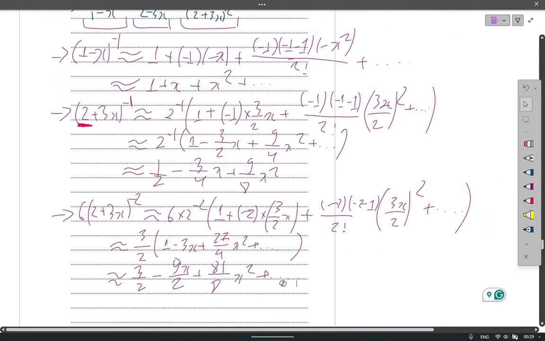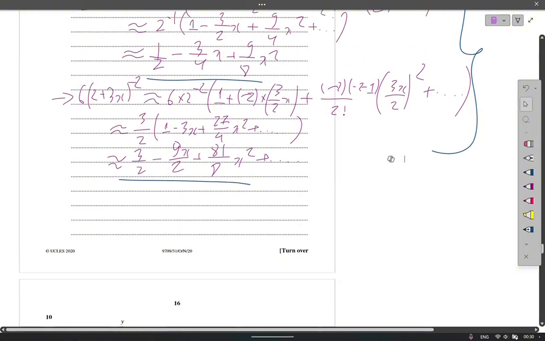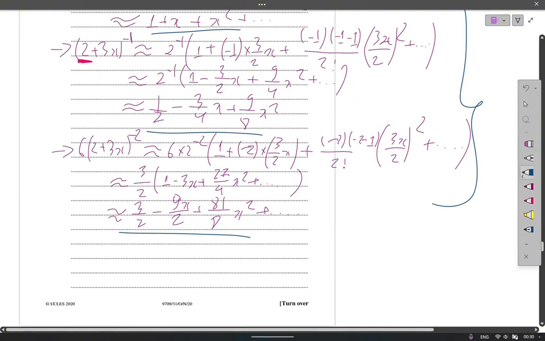So we have approximated the three parts as this, and now we can just add them together to get our answer.